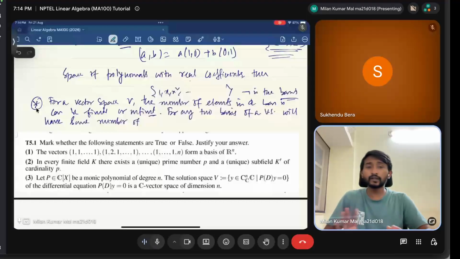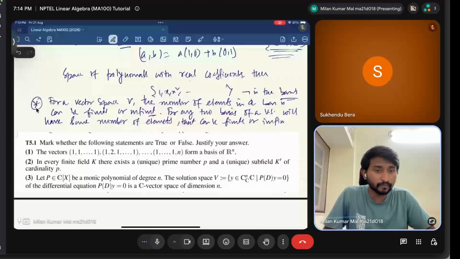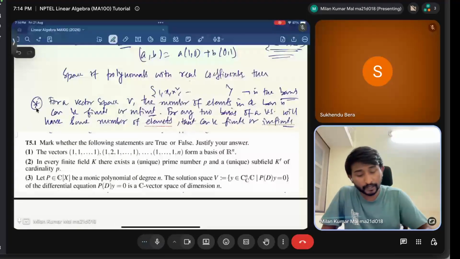If it is infinite, then any two bases will have an infinite number of elements, and if you have a finite number, then any two bases will have a finite number of elements.